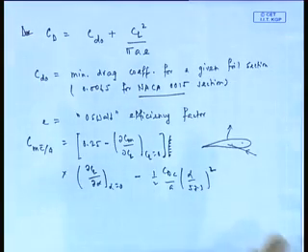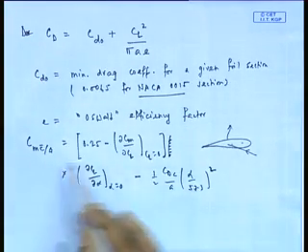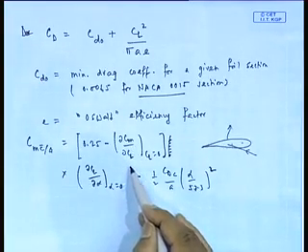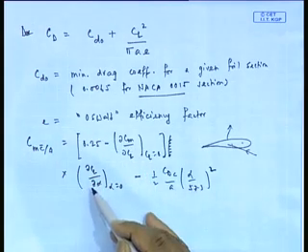Again there is a formula available for moment about quarter chord in terms of dCm by dCl and dCl by d alpha.